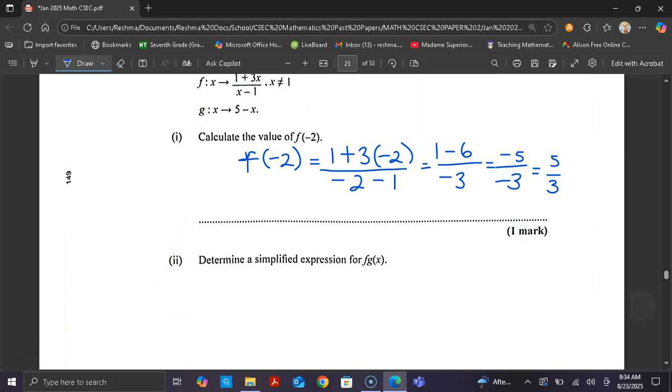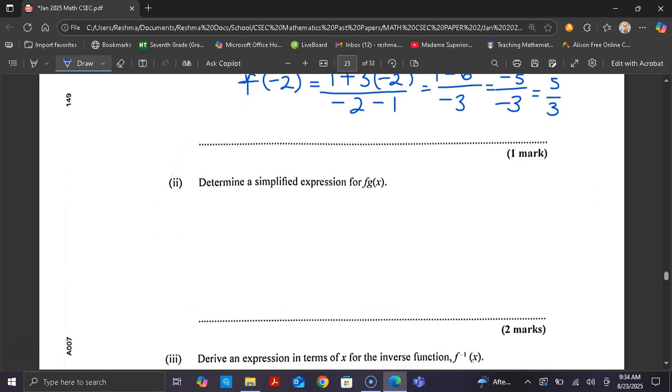So moving on to part 2. For 2 marks, determine a simplified expression for fg of x. So fg of x is a composite function where we perform the function g of x first.